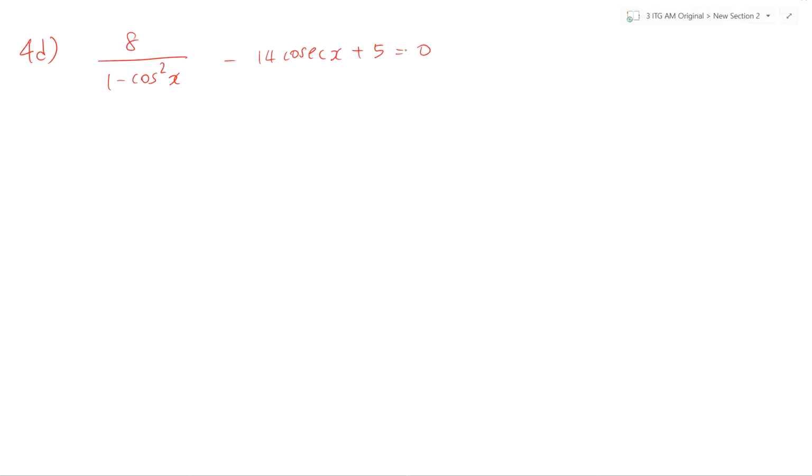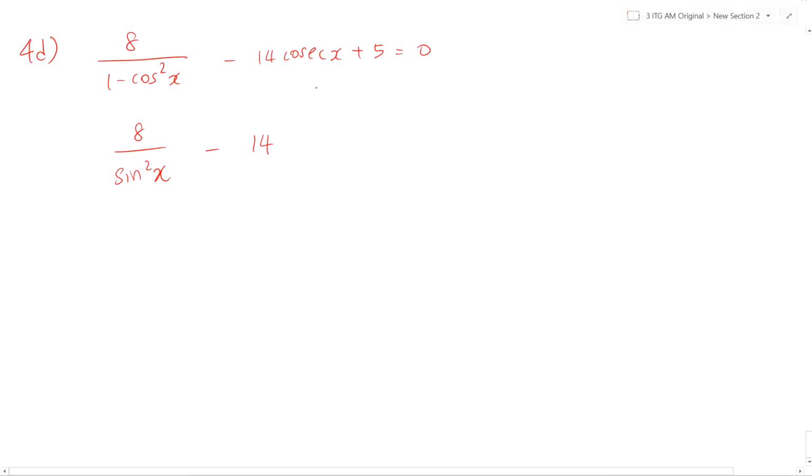Change cosecant x to what? Got something very familiar already, right? The 1 minus cosine square, what can we do with it? Then minus 14 over sine square. Wait, minus 14 cosecant still, right?